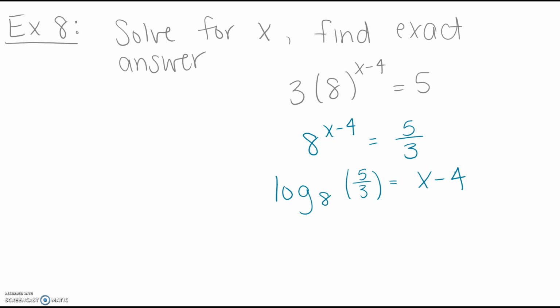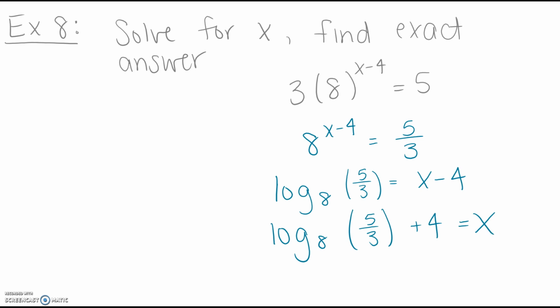Actually, I'd be careful about that. You can add 4 to both sides, but remember that it's not a part of the logarithm. Let's just do it. So log base 8 of 5/3 plus 4 equals x.